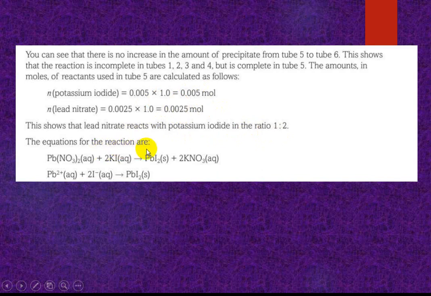So we worked out the reaction equation. This is the full equation. This is the simplified ionic equation.